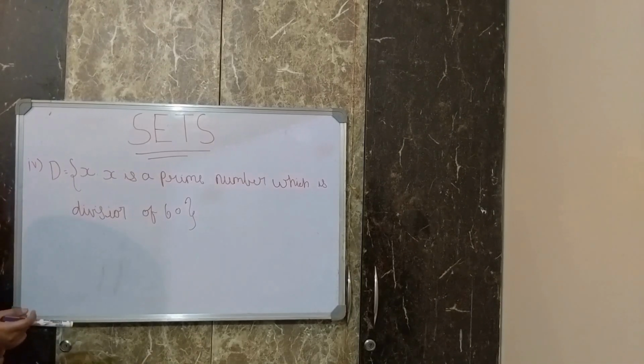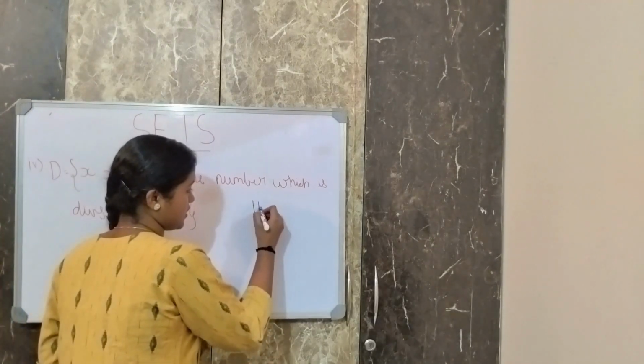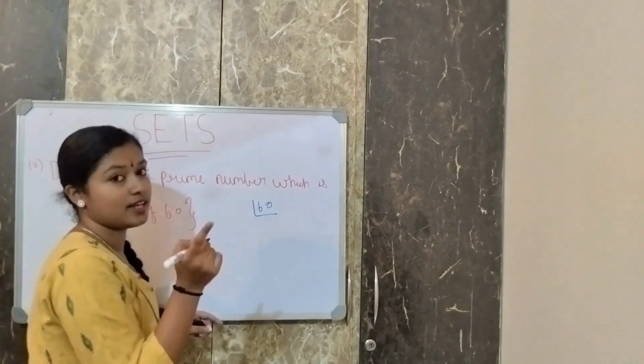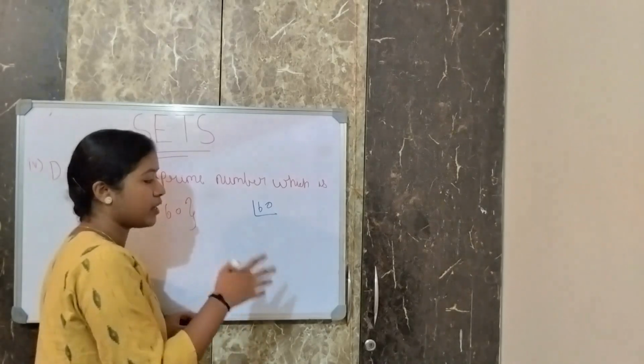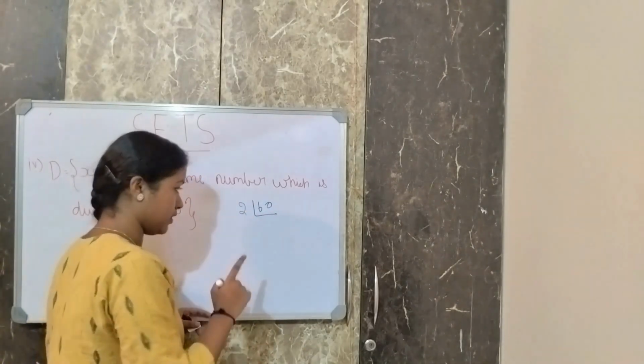So here simply we can use the prime factorization method. 60 is divisible by the first prime number, which is 2, because 1 is neither prime nor composite. So the first prime number is 2. 2 is also the only even prime number, right?